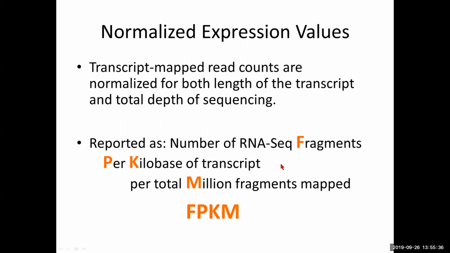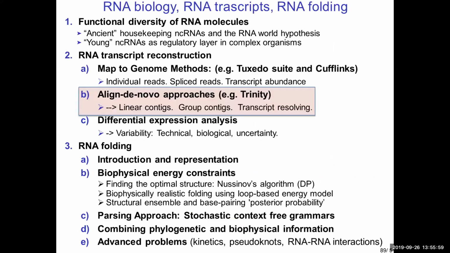So basically what you're counting is the number of RNA-seq fragments per kilobase of transcript length per total millions of RNA fragments that are mapped, okay? So the more you sequence, the more you normalize, and the longer your transcript, the more you normalize, and then you count fragments ultimately. Who's with me so far? Awesome. Great.